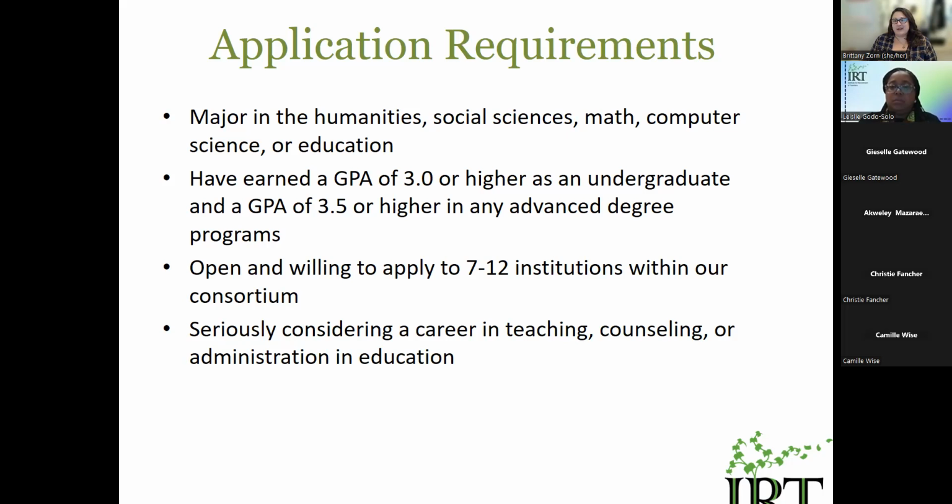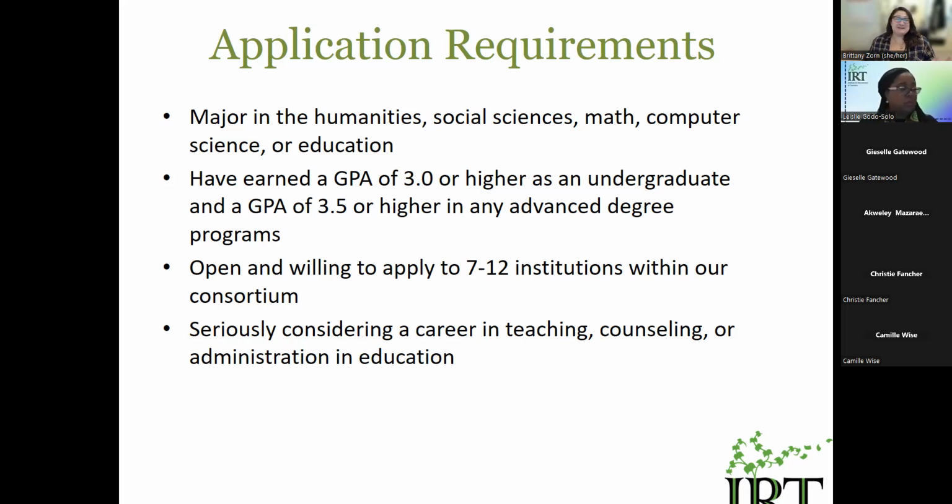We're very happy to be flexible and adaptable, but you just have to communicate with us what the concerns are or what the limitations are, why finding that 7 minimum of graduate schools within the consortium would be a challenge. And you'll get to work really closely with an IRT advisor when you're admitted to the program to determine the perfect number of schools and the perfect range of schools for you and your goals and your needs, whether that's geographically or family wise or whatever the case may be.